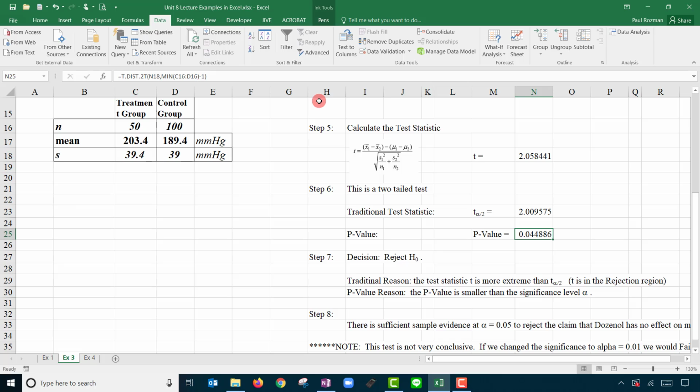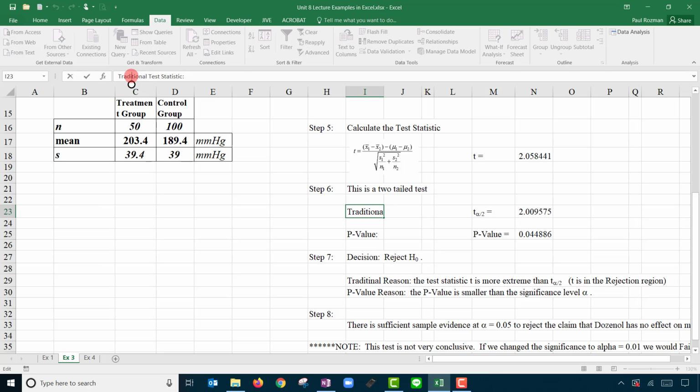Again, I have a typo in here though. When I did my traditional value, I called it a traditional test statistic, I guess because I cut and pasted it from the last one as I was setting up this template. This is a traditional critical value.